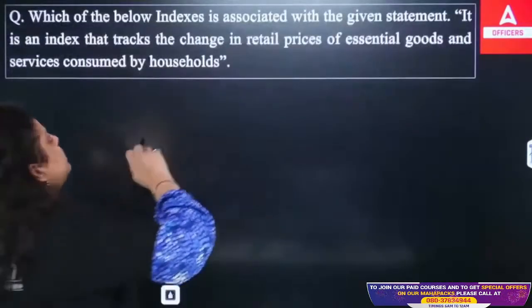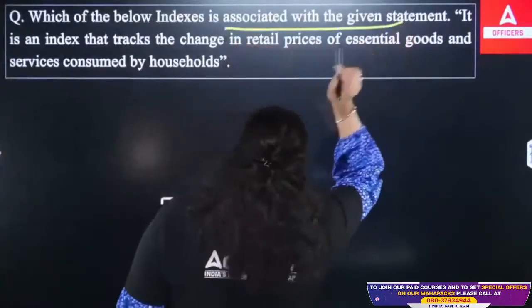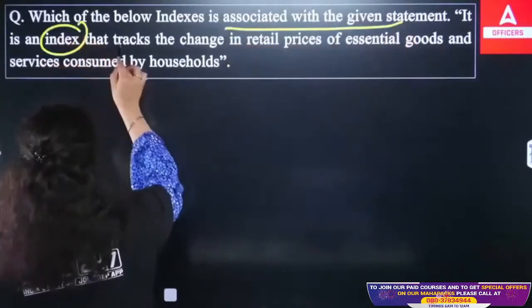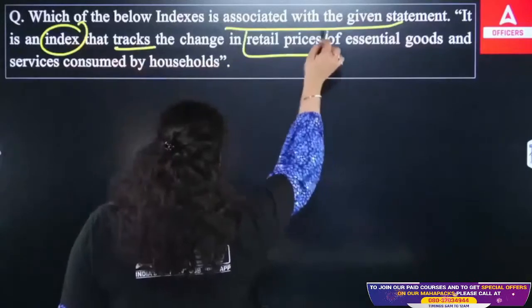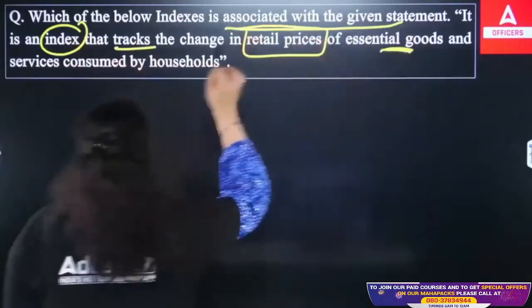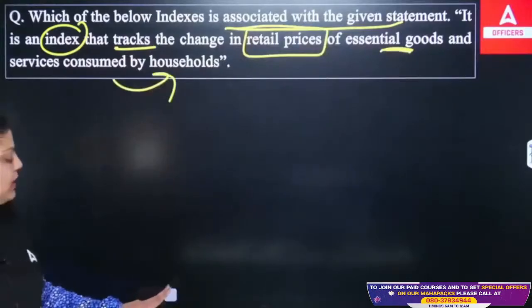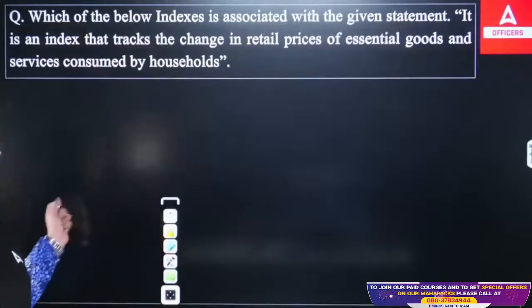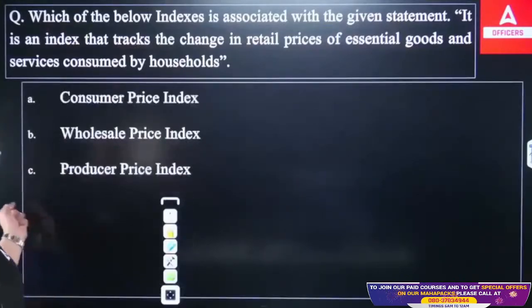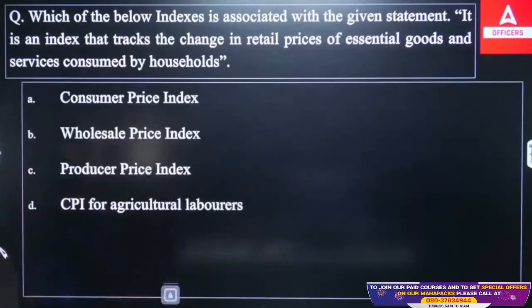Which of the following indexes is associated with the given statement? It is an index that tracks the change in the retail prices of essential goods and services consumed by the households. So whatever goods and services we are consuming, those prices will be calculated on the retail level. Which of the following indexes calculates that? Is it a CPI, is it a WPI, is it a PPI, is it a CPI for agriculture?